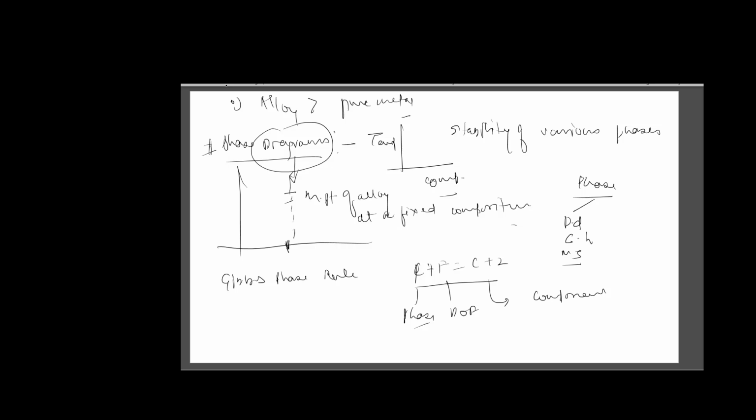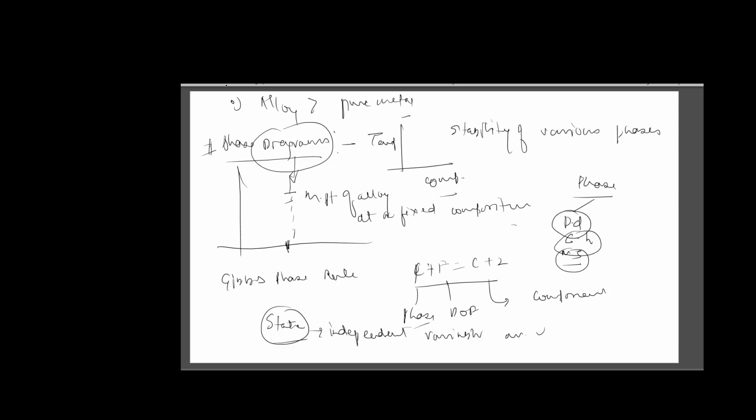So degree of freedom means the number of independent variables of property required to define the state of the material. Like if you want to define a state, how many independent variables are required? Physically distinct, chemically homogeneous, mechanically separable, we will be learning in further lectures, like how we will be defining the phases.